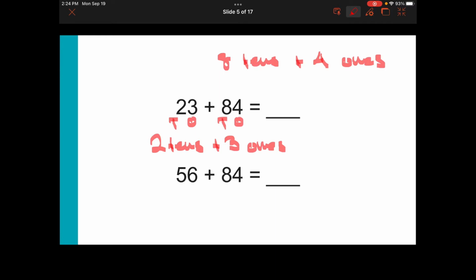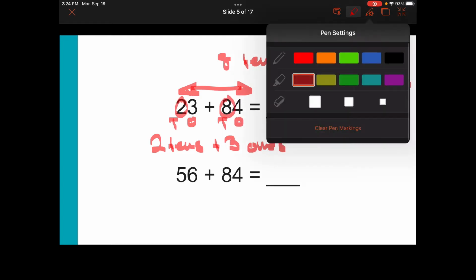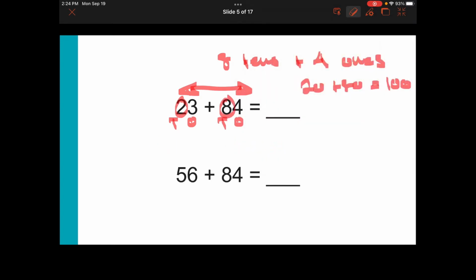All right, if you were to add these together, you can do either way. You can either go right to left on the number, or you can go left to right. If you're going left to right, this would be 20 plus 80, which would equal 100, right? That's if we add the tens and the tens to each other.